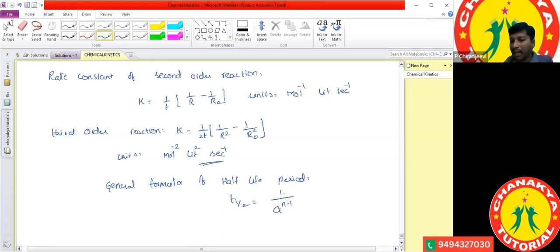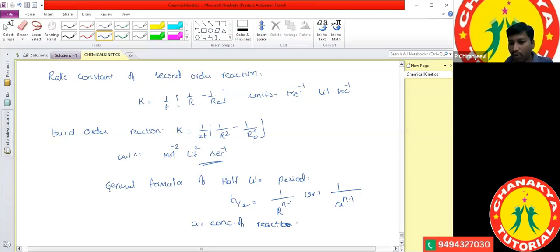Based on this, we can write r to the power of n minus 1 directly. Here a is the molar concentration of the reactant. In some books they write 1 by a to the power of n minus 1 also. A is nothing but the concentration of the reactant.